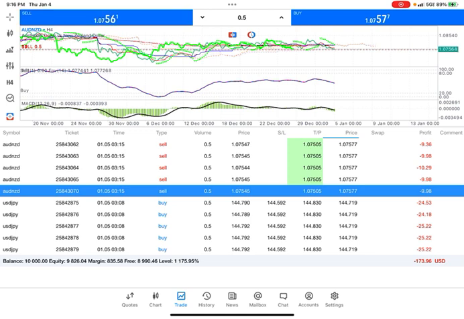Okay, so for the stop loss, I want to add plus 200.